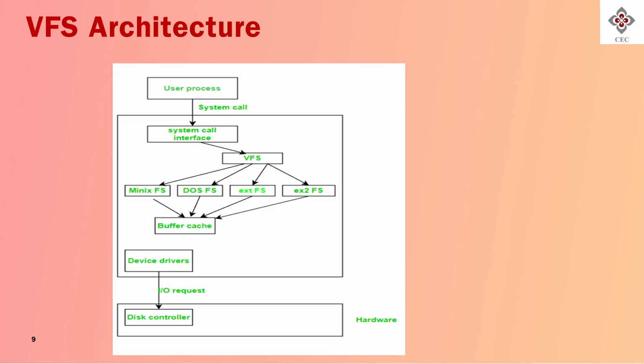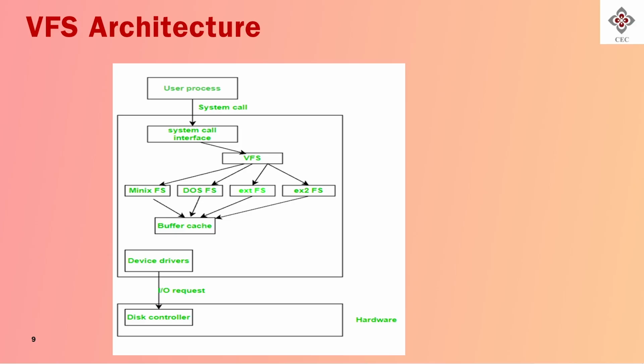In the diagram, you can see the Minix file system, DOS file system, extended file system, extended 2 file system. So, we have different file systems of different types. They can be used in the same system, and the VFS will give the respective query to retrieve the file or to check the access permission for the user, everything. On all this, we have the common buffer cache.